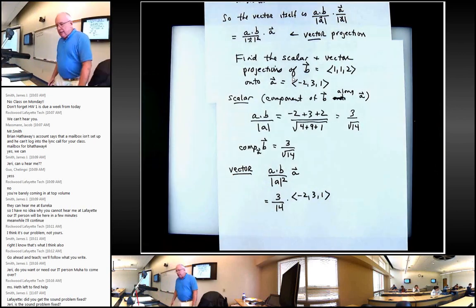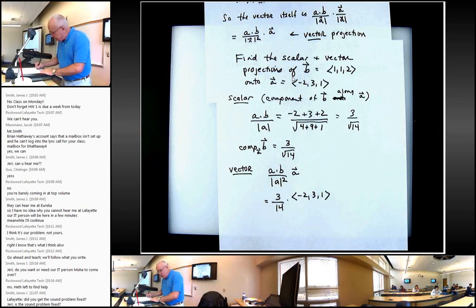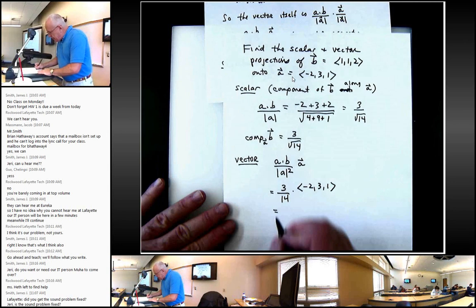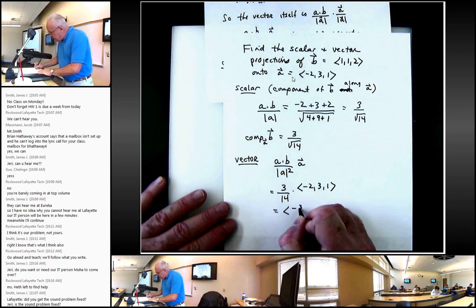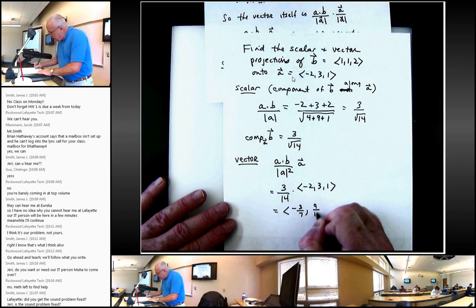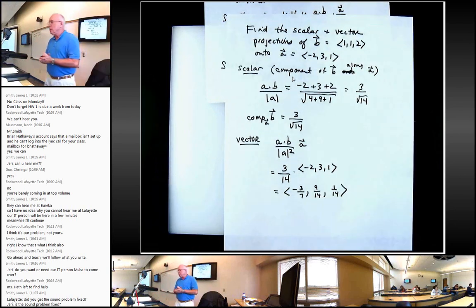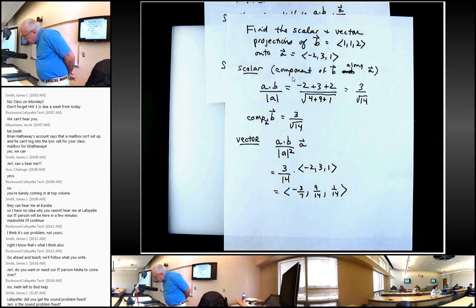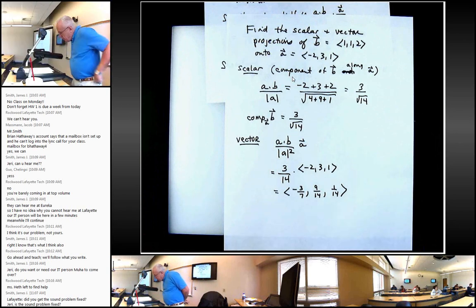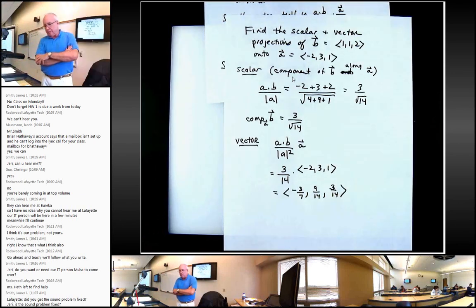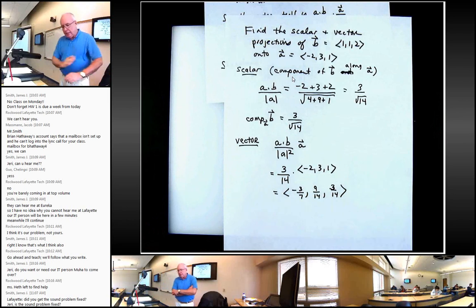We could leave it like this, or we could distribute this with the 3 numbers, and when we simplify, we get -3 over 7, 9 over 14, and 3 over 14 as a vector. We could write it that way. Okay, so that's the process of finding this.